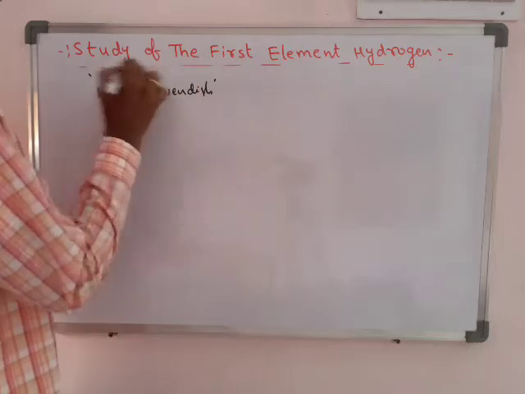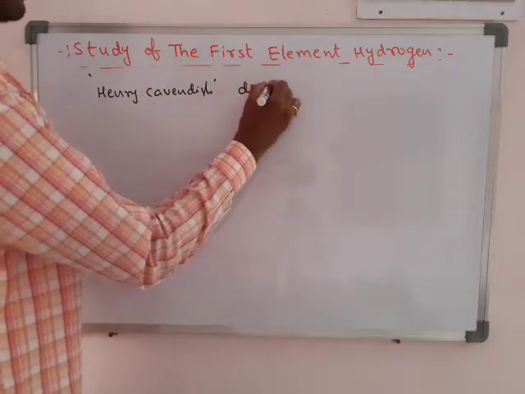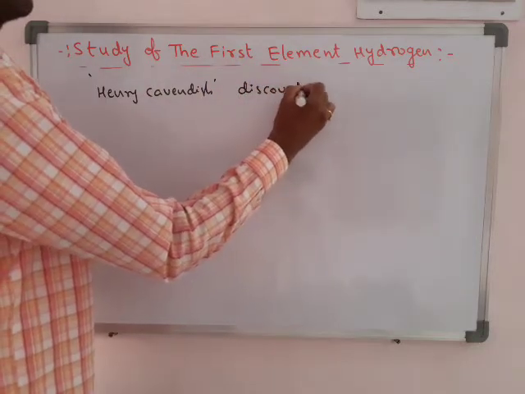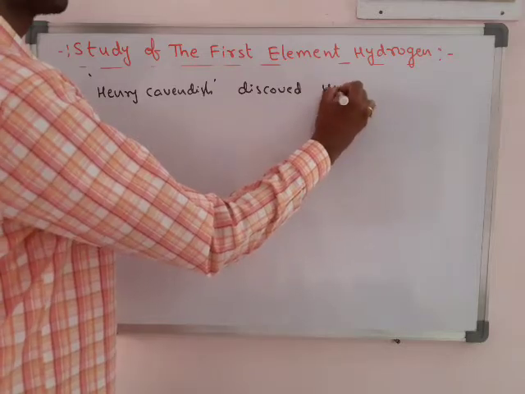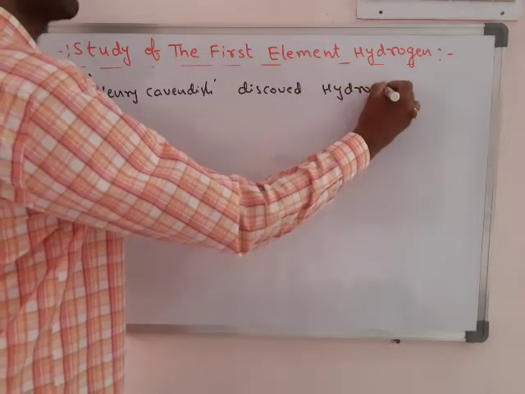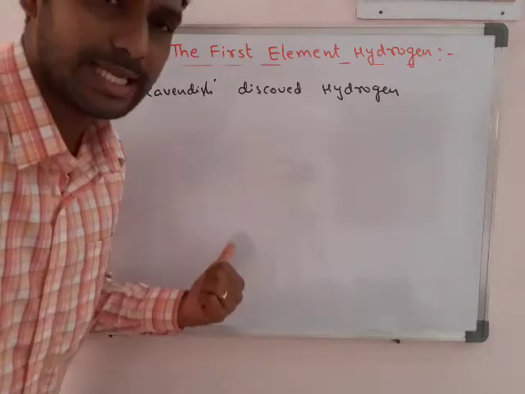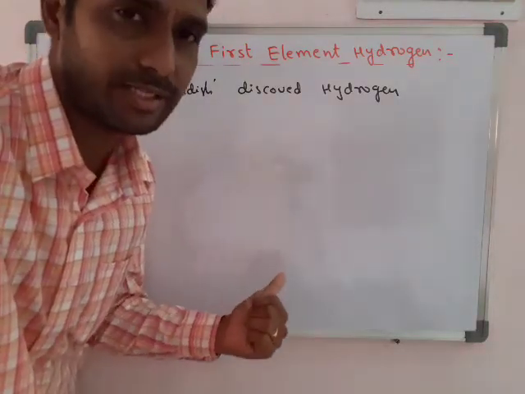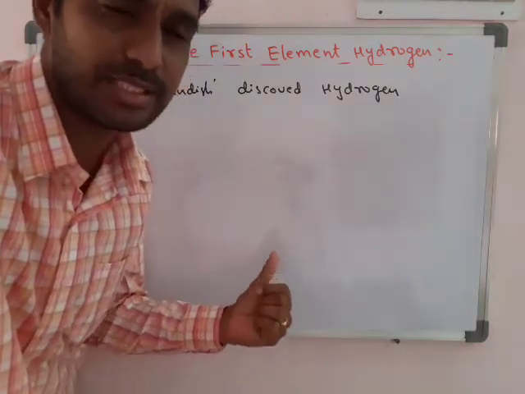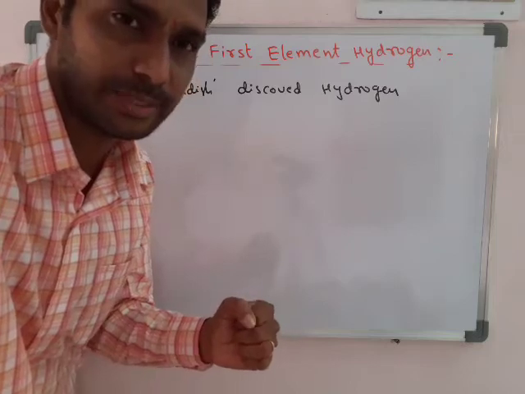Henry Cavendish discovered hydrogen at first. Before Henry Cavendish, in 1766, he discovered nothing but he prepared the hydrogen separately.